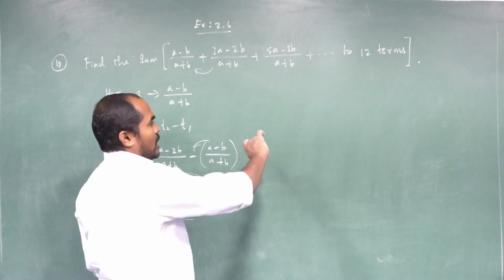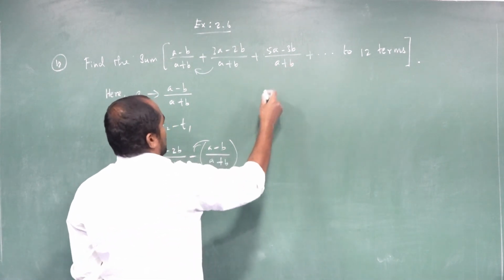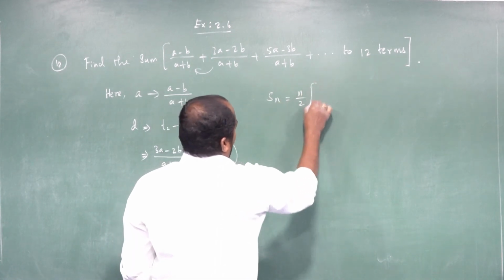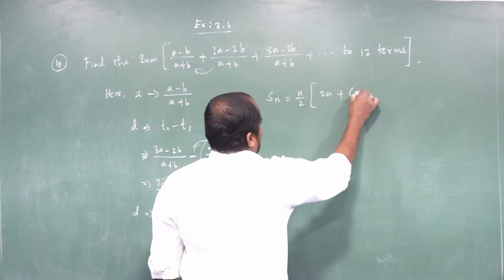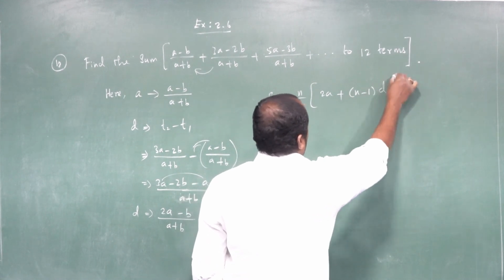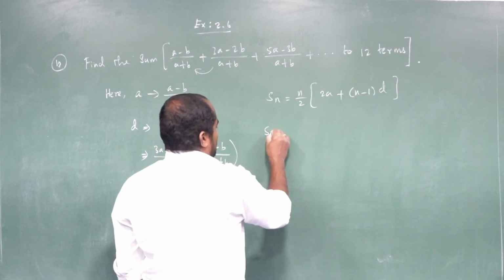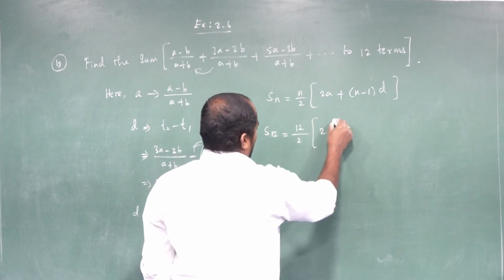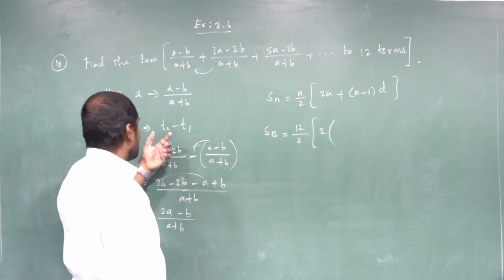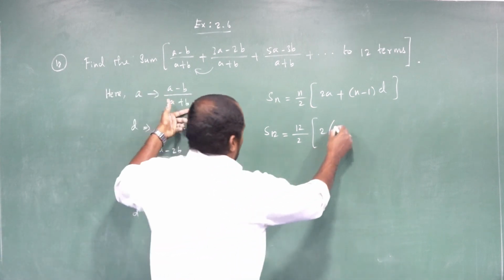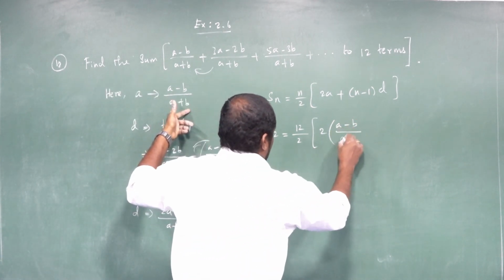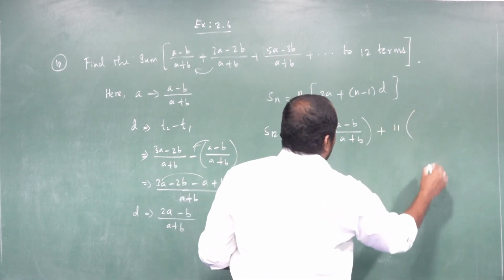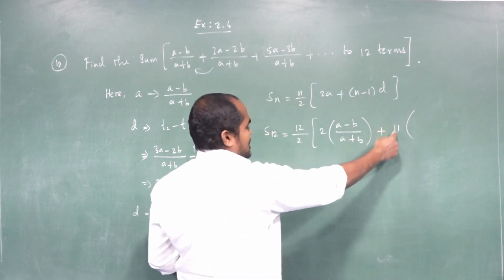You want to add up to 12 terms, so take the Sn formula, n by 2 of 2a plus n minus 1 into d. So S12 is equal to 12 by 2 of 2 into the first term a minus b by a plus b, plus 11 into the common difference, because 12 minus 1 is 11.